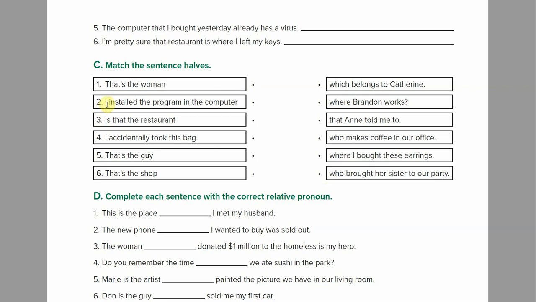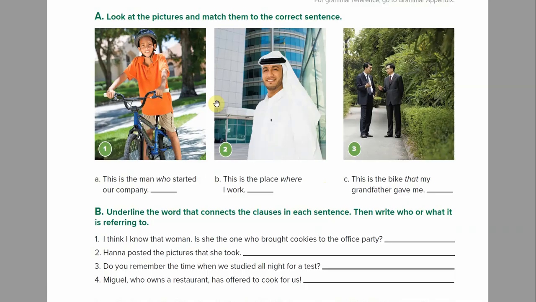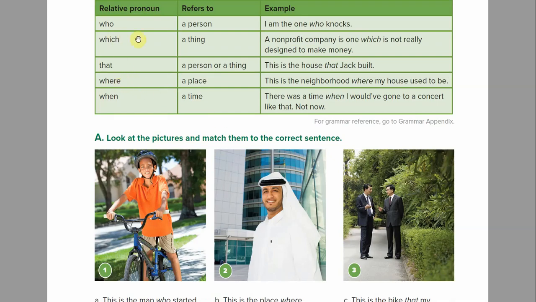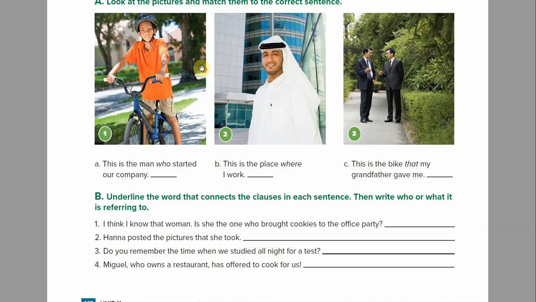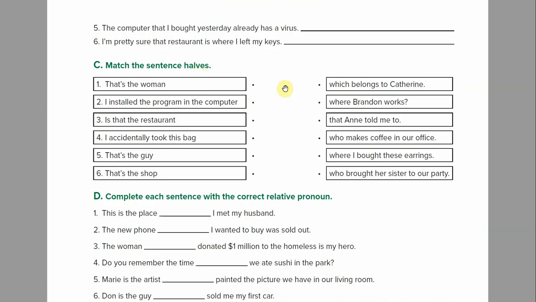Number two, I installed the program in the computer. So computer, we're looking for a thing. So thing is which or that. All right. So here's which and here's that.